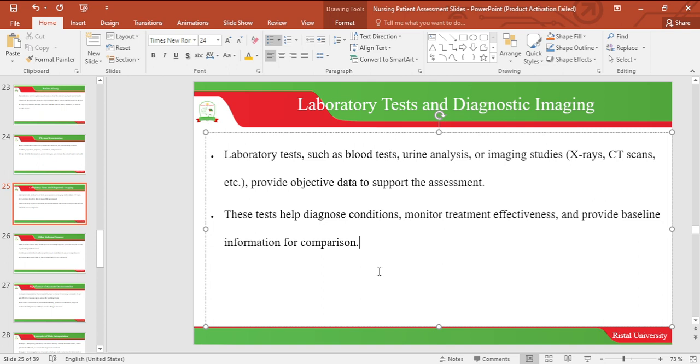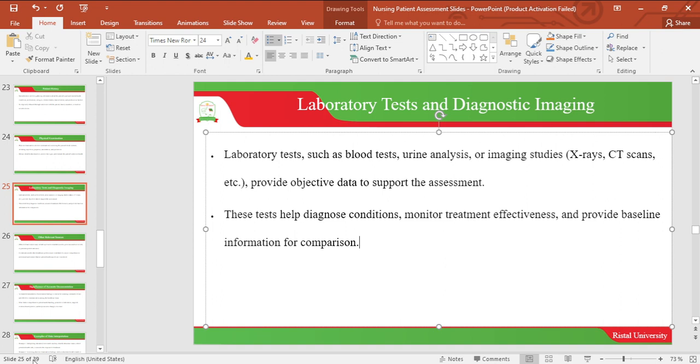Laboratory tests and diagnostic imaging. Laboratory tests can be done such as blood tests. There are various tests that can be done in the blood. It can include complete blood count, culture and sensitivity, and so on and so forth.